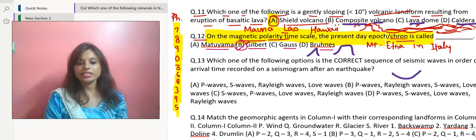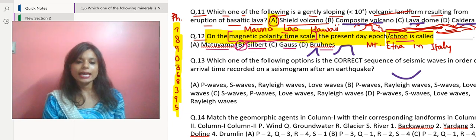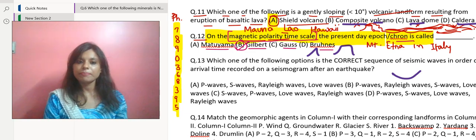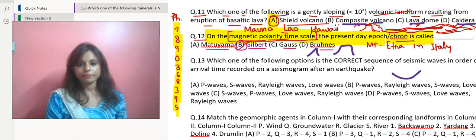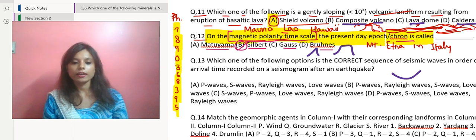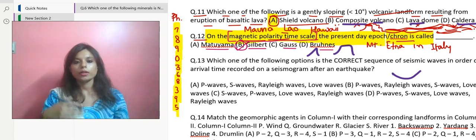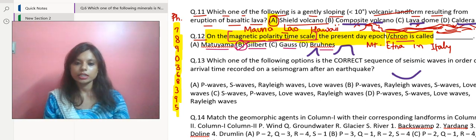Now, the magnetic polarity time scale that is mentioned in the question is actually a timeline of the Earth's magnetic field reversals. Now, if we go back to history, we will see that these magnetic field reversals have happened throughout the history of the formation of the Earth.